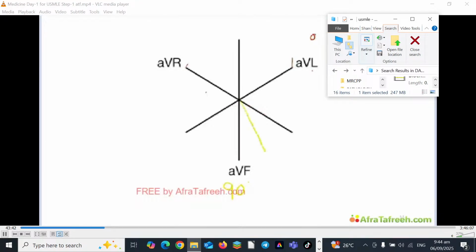And if you remember, it was 60 degrees, lead 2. And you had your lead 3, which was here, and it was 60 degrees to lead 2. It was 120 degrees. Now you see the heart is placed into 60, 90 and 120 degrees. That is, it is placed in 30, 30, 30 in 3 positions.